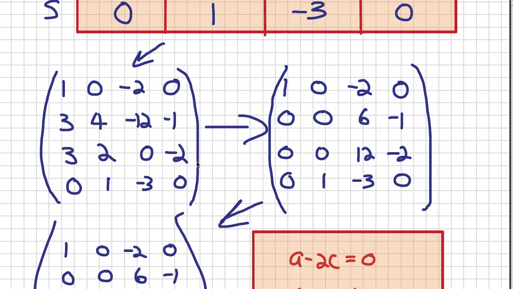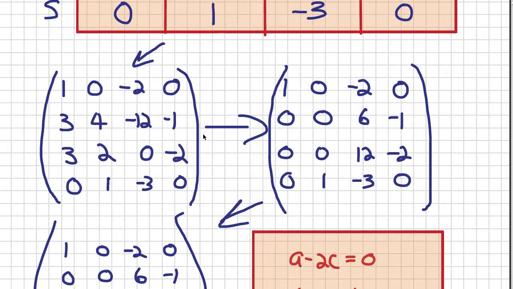For instance, I could take this row, multiply it by 3, and subtract that from the second row, and I take those answers and put them in the second row. I can take this row, and I do something similar to get rid of the first terms in the third row.